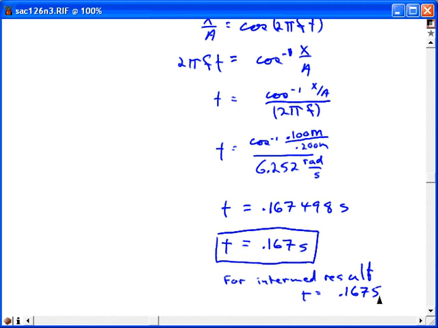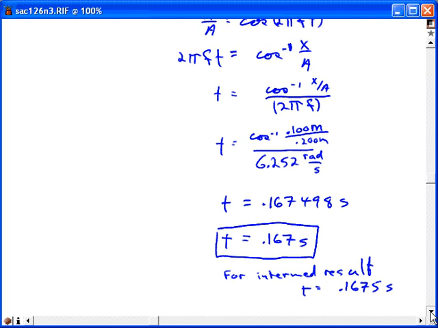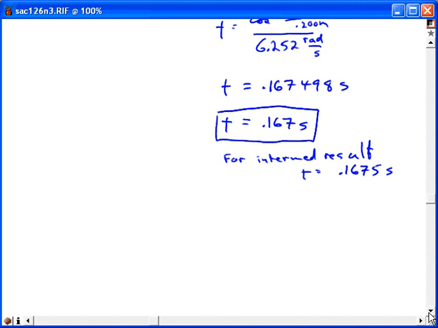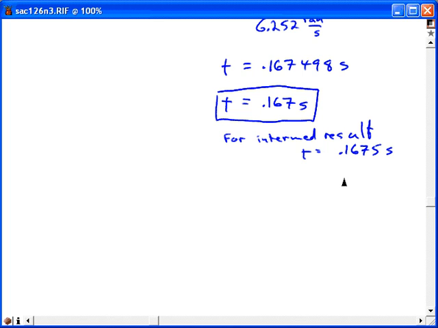So as I substitute this into subsequent results within this very problem here, I'm going to use 0.1675 seconds and quote 0.167 seconds, properly rounded to 3 sig figs as the result of the final problem. But I'll get slightly more accurate results for the other parts here if I use that one.